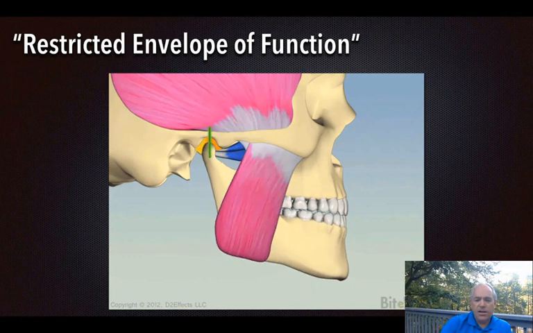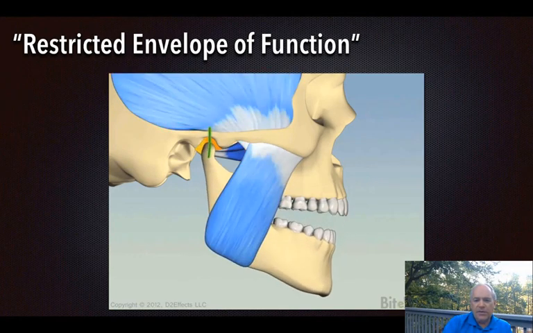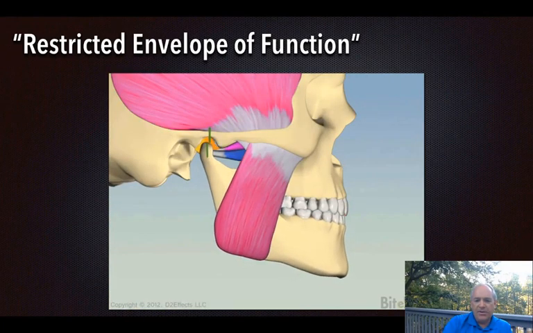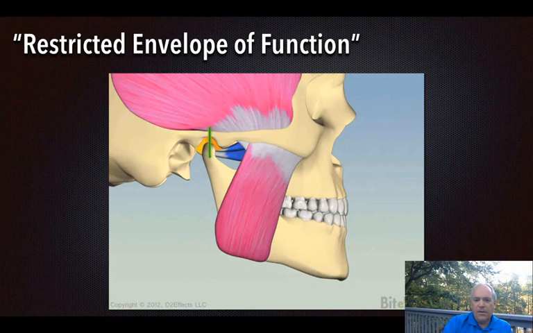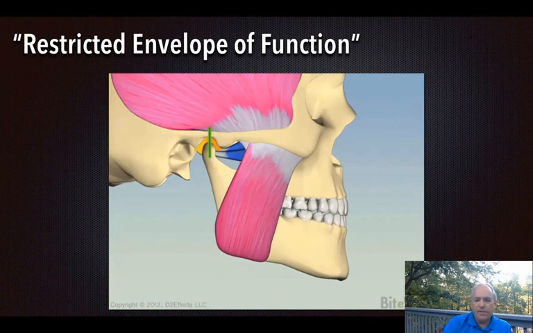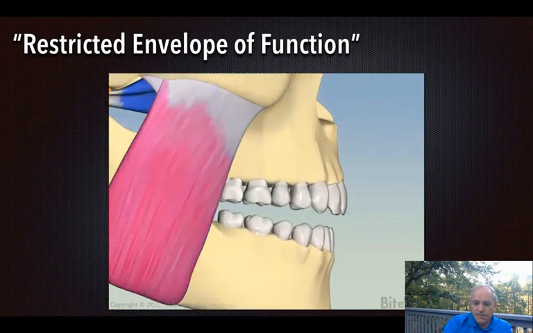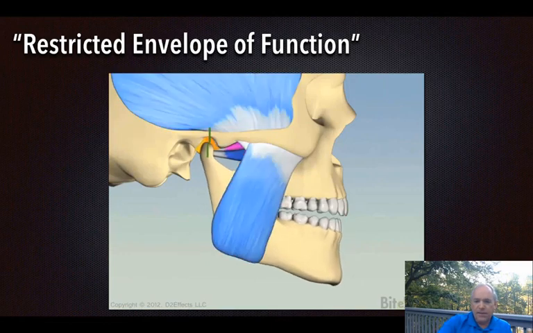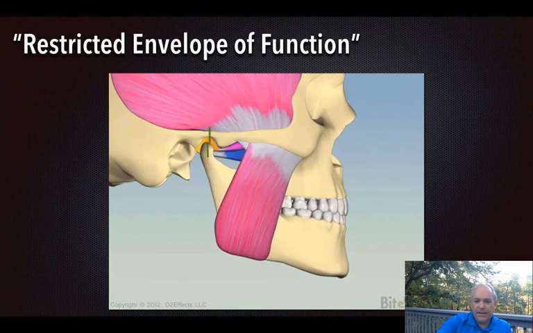And so what I want you to think about is, if lingual contour is in the way, this is that thinning or damaging that can occur if we are not in harmony with that envelope of function. This is an incredibly important concept as you move forward with your training, particularly when you start doing more advanced things.